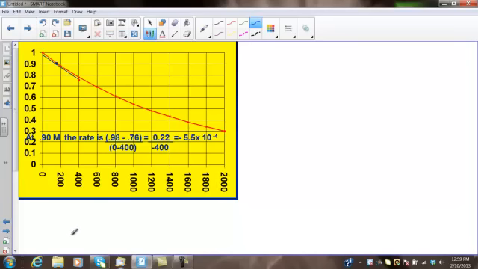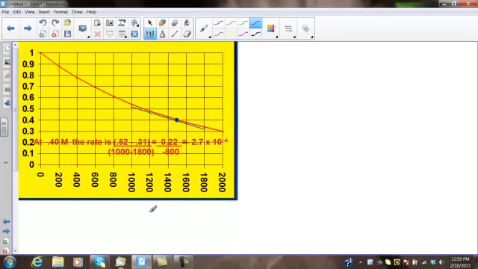At our first point, our change in A divided by our change in T would give us 5.5 times 10 to the negative 4. Choosing a second point at 0.4 molar, our change in A over the change in T is equal to negative 2.7 times 10 to the negative 4.